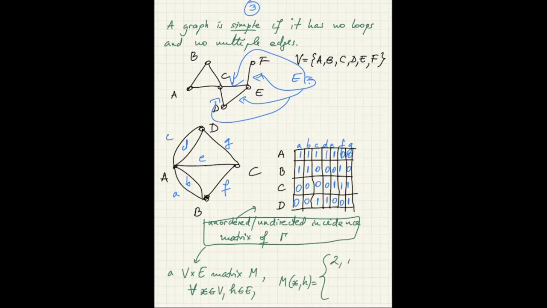It's 2 if H is a loop containing X, 1 if H is a non-loop edge containing X, and 0 otherwise.